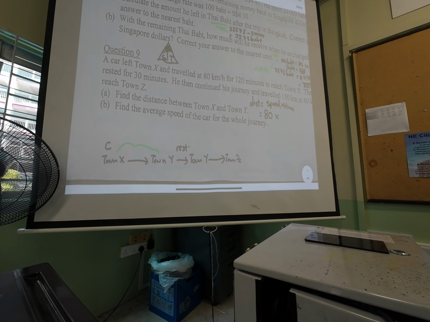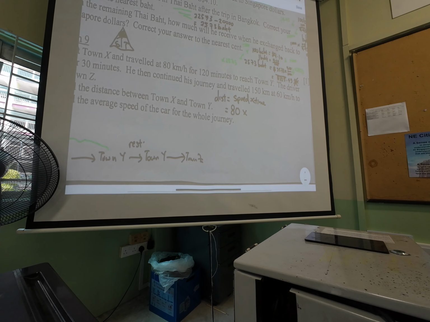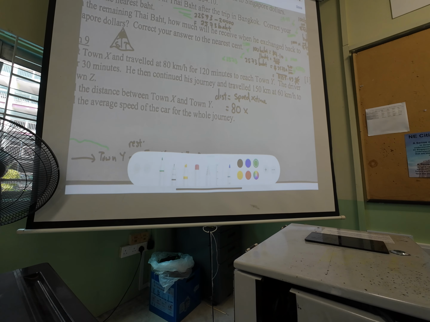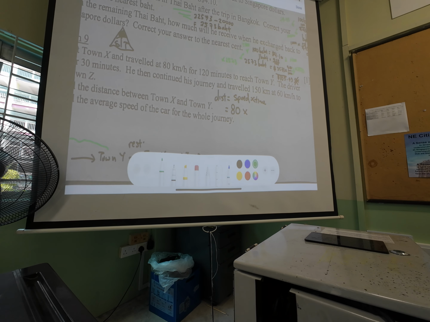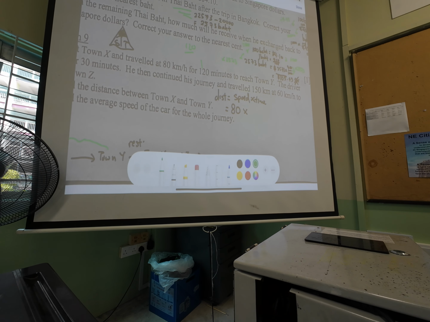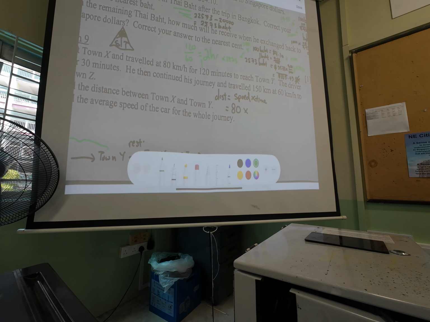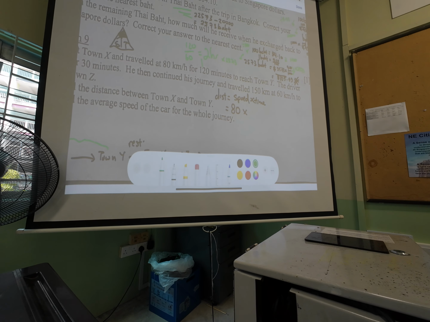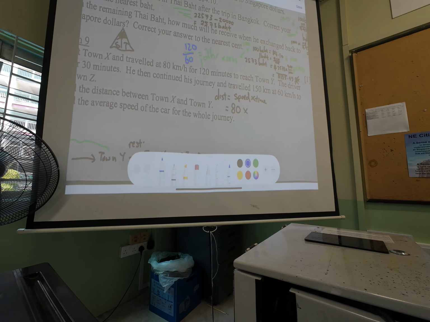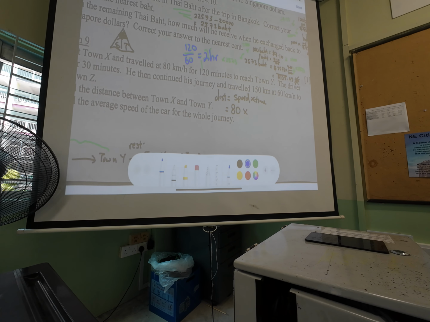120 minutes is how many hours? I will do this at the side. I never mix together. Okay, so 120 I will divide by 60. Then I will get 120 minutes is actually 2 hours. 120 divided by 60 will get 2 hours.